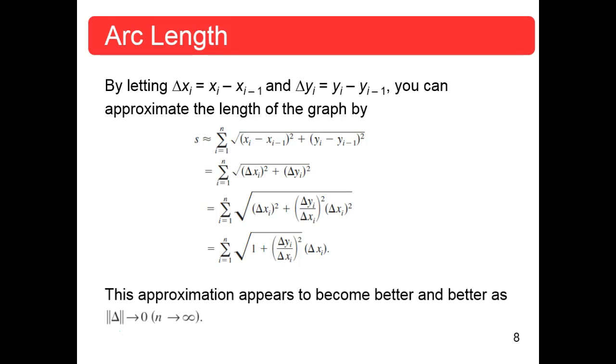But what do we have here? The square root of 1 plus delta y sub i over delta x sub i, all squared, under the square root. What does that become as you get smaller and smaller delta x, and therefore smaller and smaller delta y's? Change the deltas to d's, and suddenly you have dy/dx.